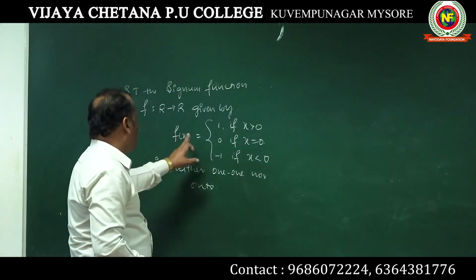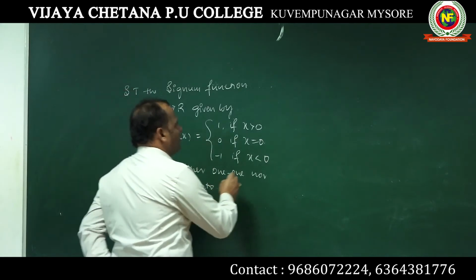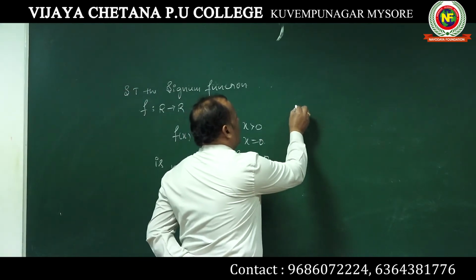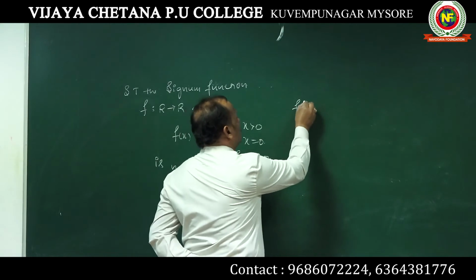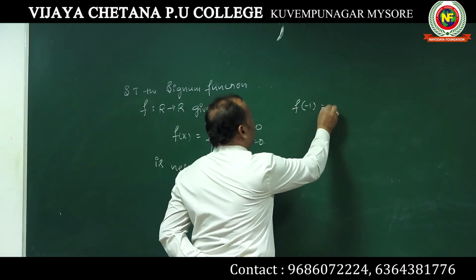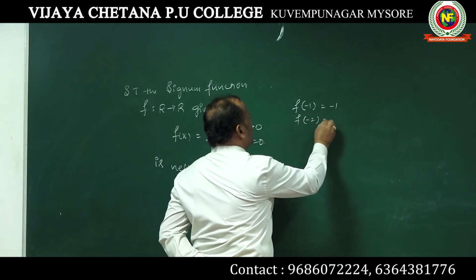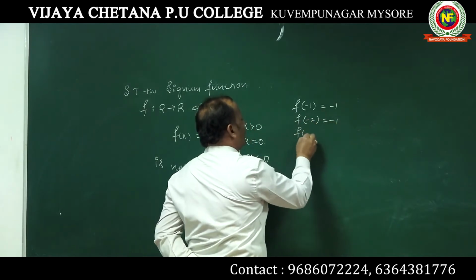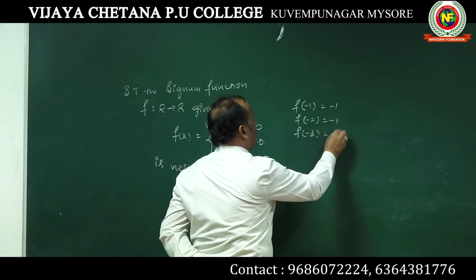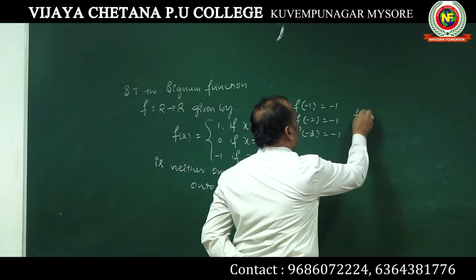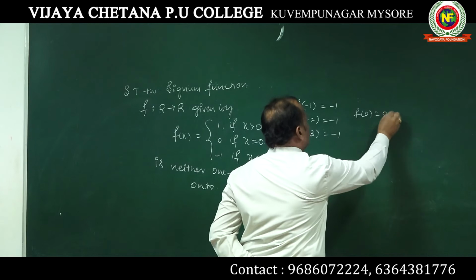Now here, I take all negative numbers. f of minus 1 is equal to minus 1, f of minus 2 is equal to minus 1, f of minus 3 is equal to minus 1. Then f of 0 is equal to 0.